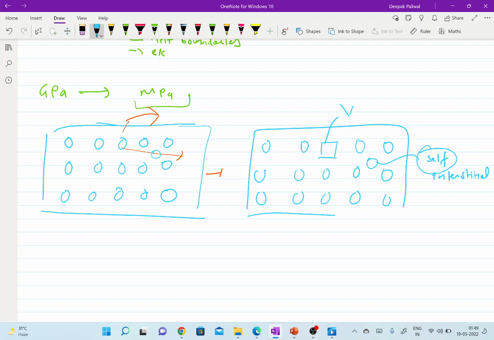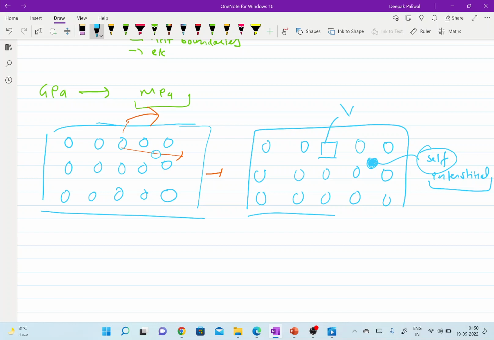Because this atom is coming from the system only, from this particular material only, and it is seated in the interstitial position. Interstitial positions are those positions which are made by the neighboring atoms, or the existing atoms within the material. That's why we call it self interstitial.